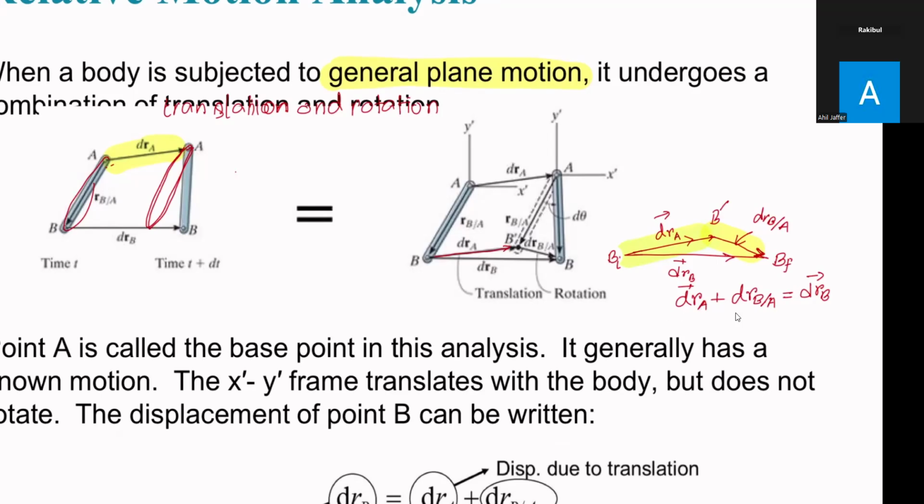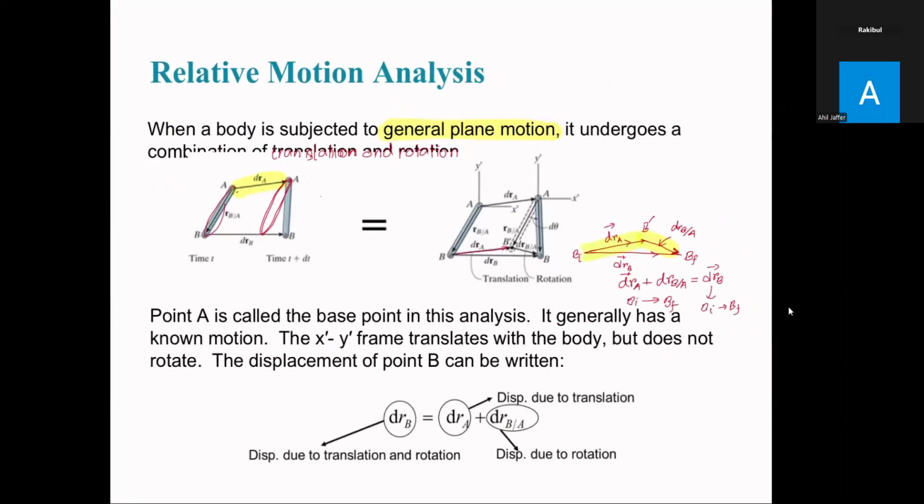We are moving from B initial to B final, and this is also B initial to B final. Clear? Now you understand the relative. This is just displacement, not velocity.